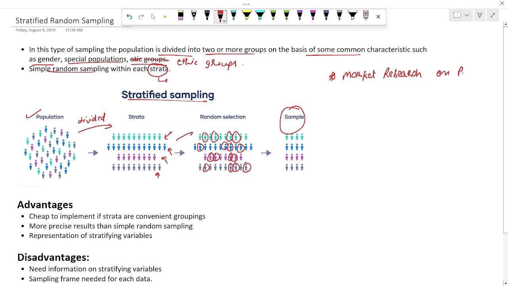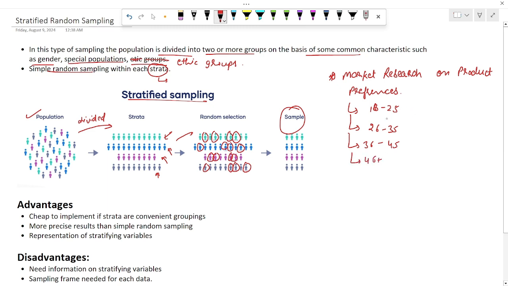For this, the company divides the customers into age groups, like customers in the age group 18 to 25, 26 to 35, 36 to 45, then 46 plus.